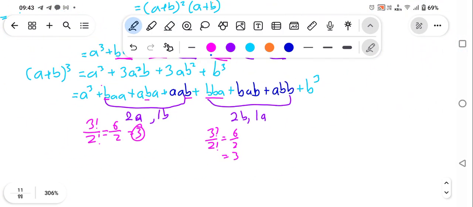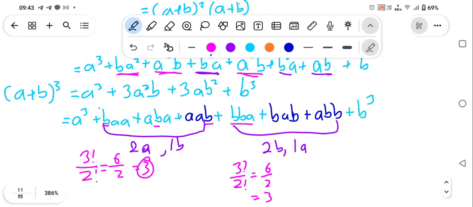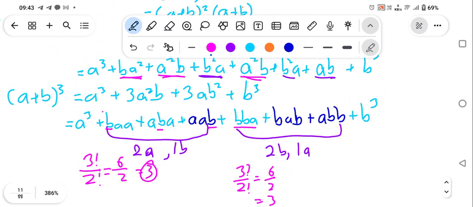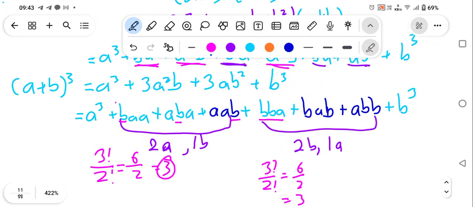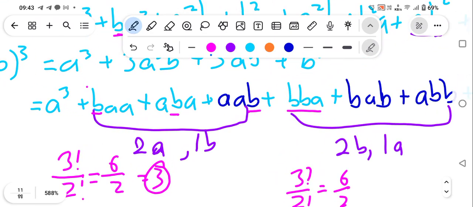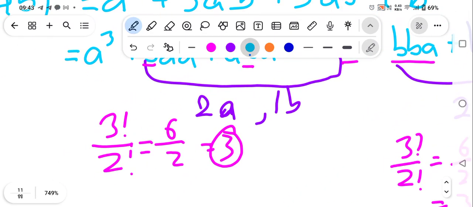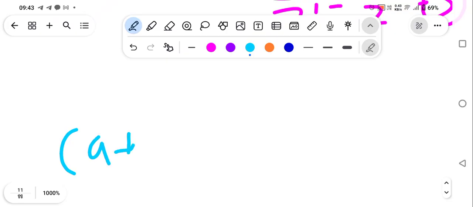Okay, very interesting. We just discovered something related to combinatorics, which is unexpected. But here's what's important: we need to know the relation for higher powers. So what about (a plus b) to the power 4?